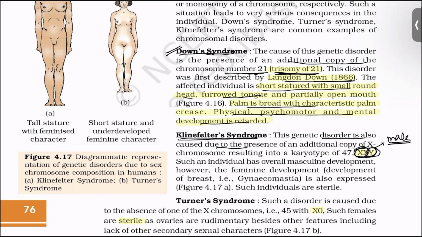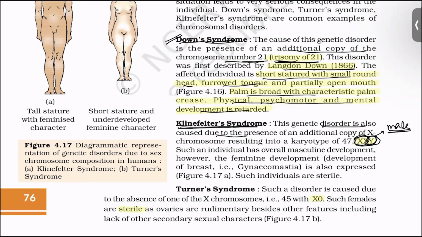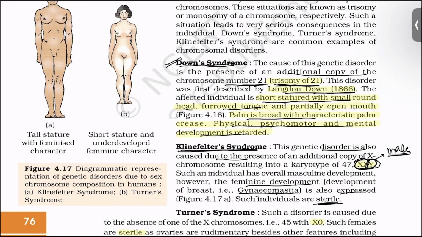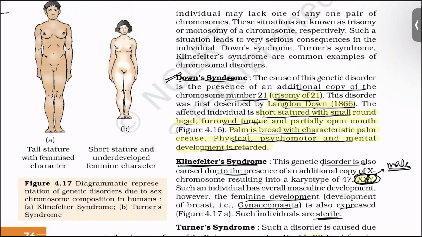So there will be some phenotypic changes like gynecomastia, development of the breast, which is expressed, and they will also be sterile. So this is the example of Klinefelter syndrome, and the genotype is XXY.